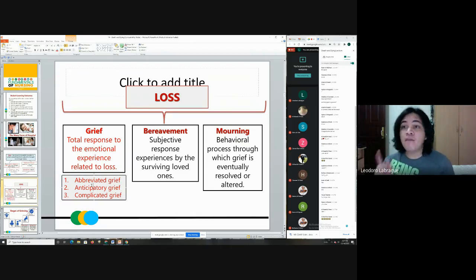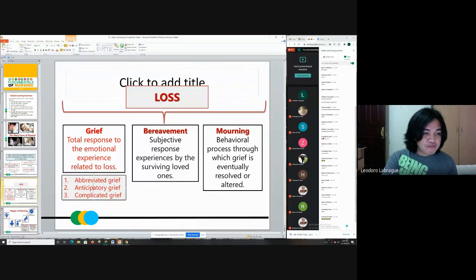But there are some people who are still experiencing grieving, mourning, or bereavement after more than 6 months, and it is no longer healthy. Why? Because that means the person is not able to cope. The coping mechanism is not there. The person is not able to cope with the death or the loss of someone. And that is pathologic. That is already a problem.